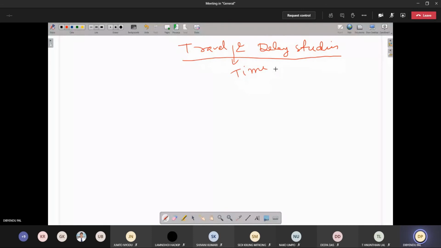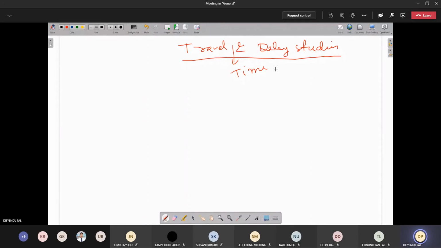So travel time. What is travel time? If somebody asks you what is travel time, travel time is basically the total time taken to reach a destination, or total time taken by a vehicle to reach the destination. A simple way we can say this is the travel time.